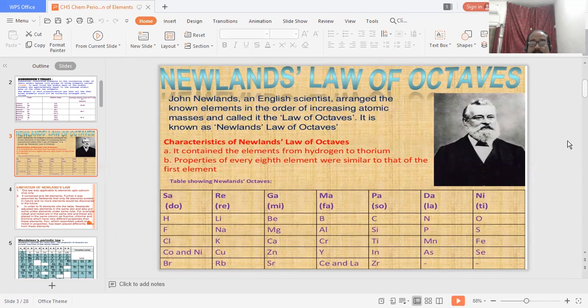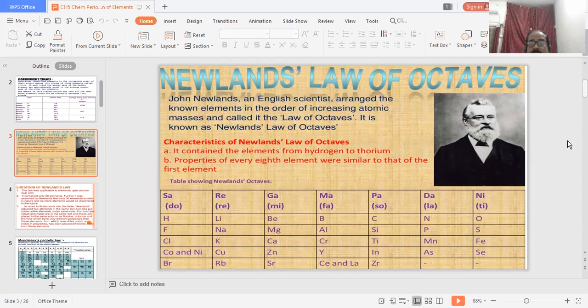Its characteristics: number 1, it contains the elements from hydrogen to thorium. Number 2, properties of every eighth element were similar to those of the first element.